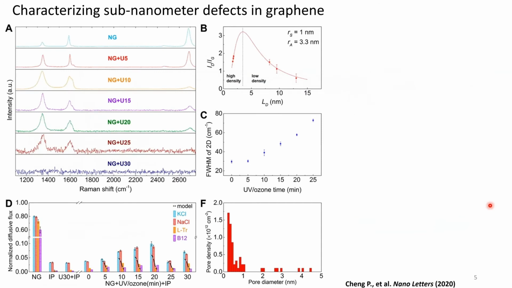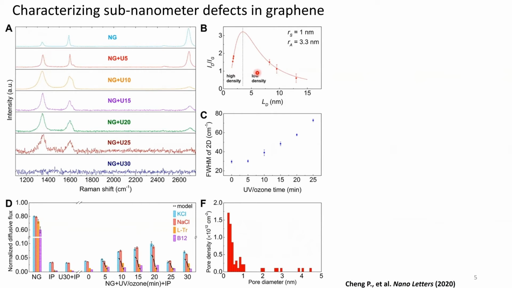So let's characterize some of the sub-nanometer scale defects that we introduce into graphene. What we instantly see is, with increasing UV ozone etch times, we're basically damaging graphene. As you see, here is the graphene that we initially made, and we are then continuously damaging it, which is characterized by this increase in the D peak in the Raman spectra of graphene.